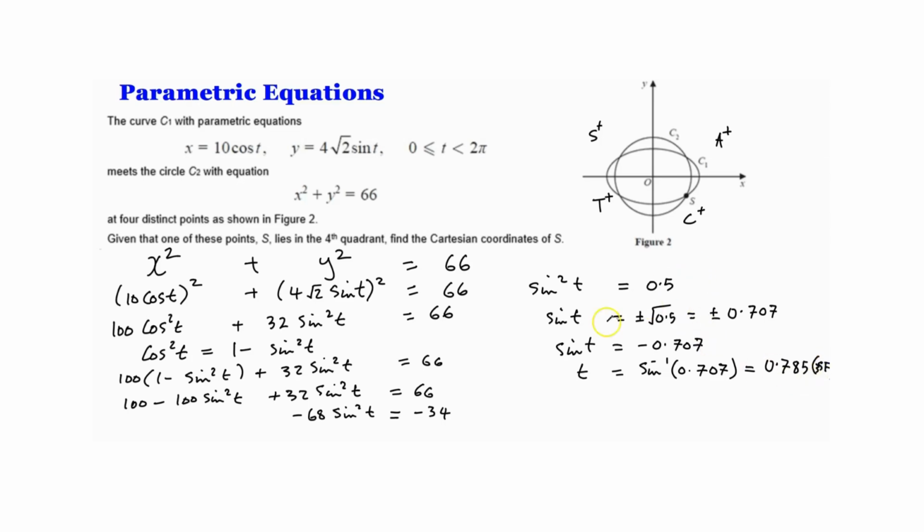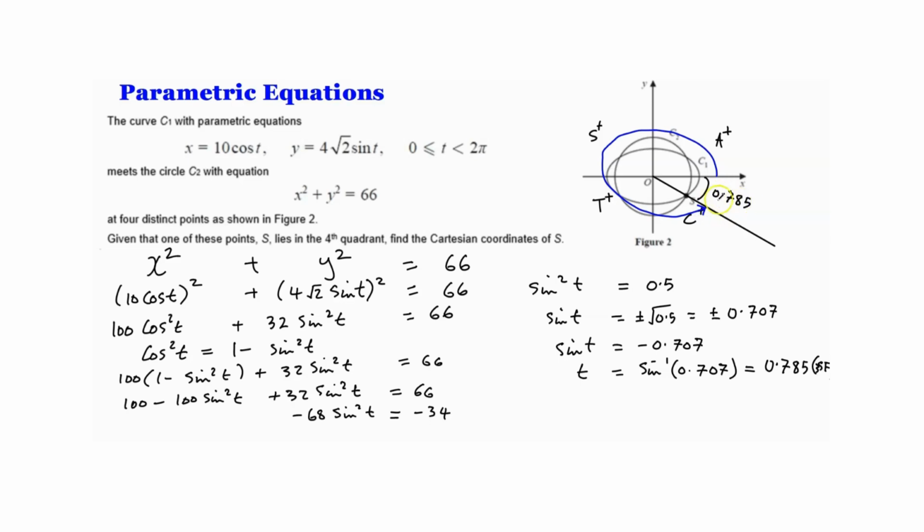Okay, so since we have the principal value of t and we are concerned with the fourth quadrant, we need to draw an acute angle, and then we're going to mark this angle as 0.785. Since the range is less than 2 pi, it means that the angle that we are concerned with is going to be starting from 0 to this point.